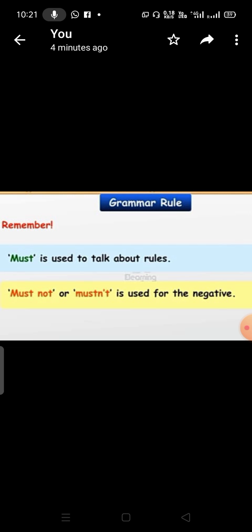Then writing is sequencing. It's about story sequencing or paragraph sequencing. It is jumbled lines or jumbled words. We have to arrange it in a proper way. This we learned before.